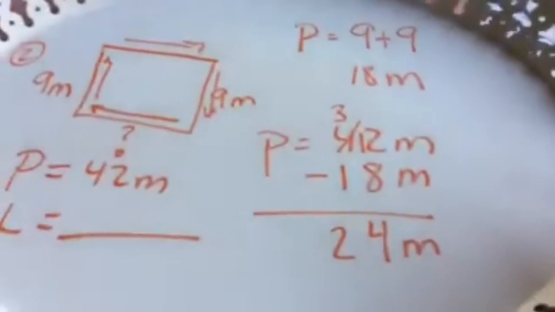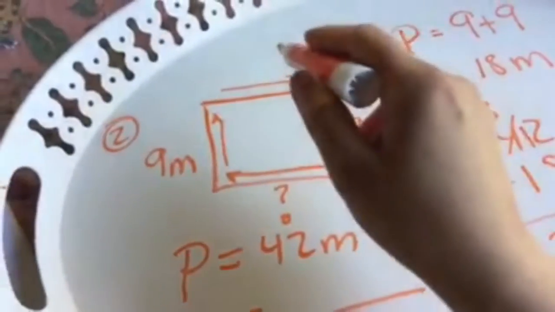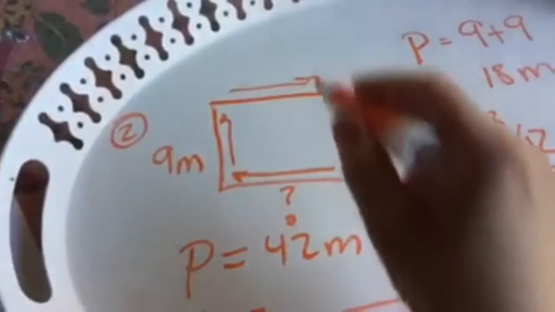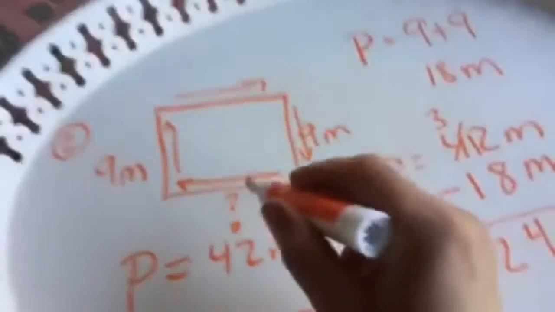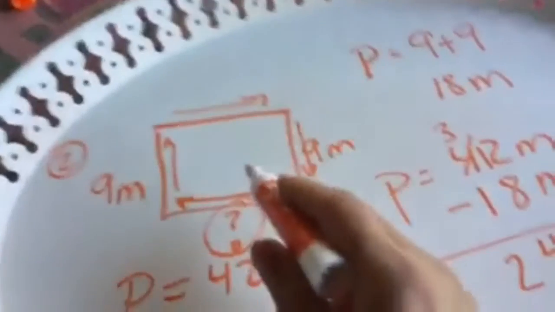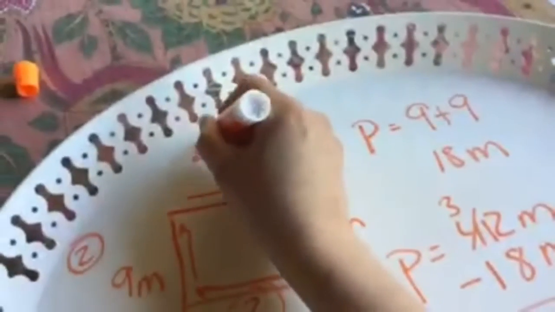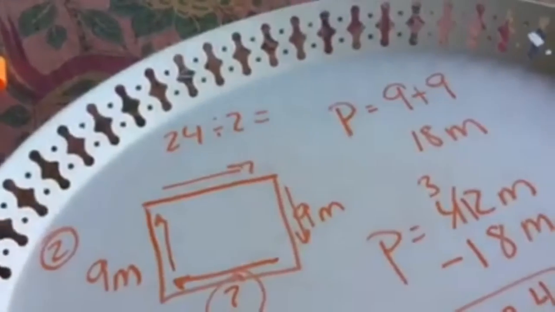Now, that still doesn't really answer my question because I have 24 meters left over for these two sides, which means to figure out this one side, which is what they want me to do, to figure out this length, right, which is just the length on this one side, I need to take that 24 meters and divide it by 2 because I have two sides.